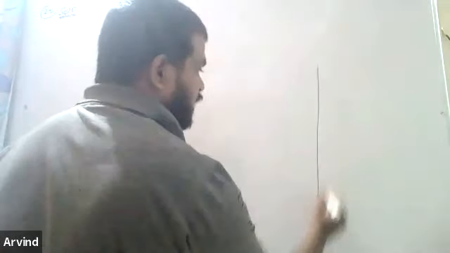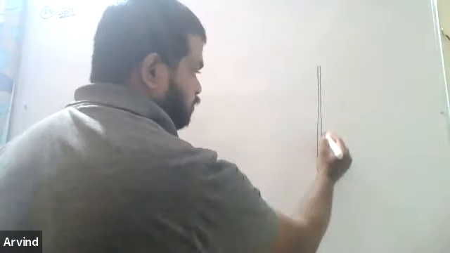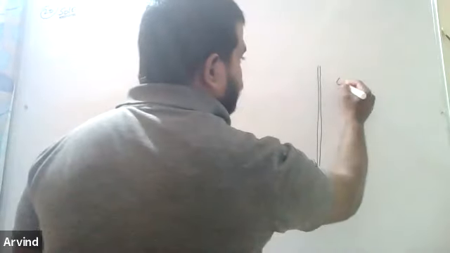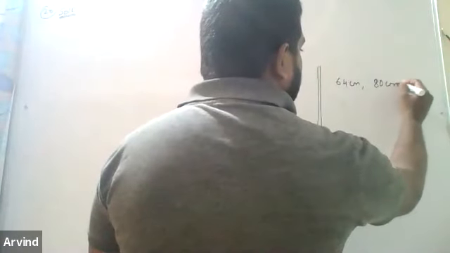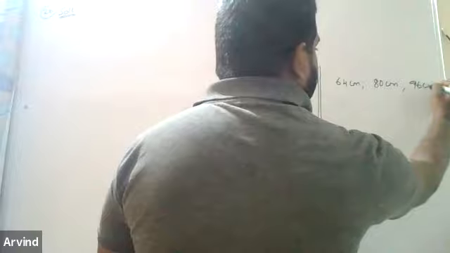So what is asked? There are 3 measuring rods. First, let's analyze the problem in the working column. One is 64 centimeter, another is 80 centimeter, another is 96 centimeter.